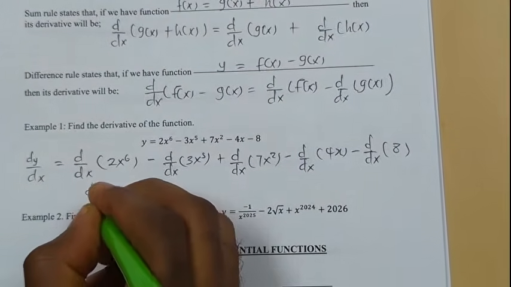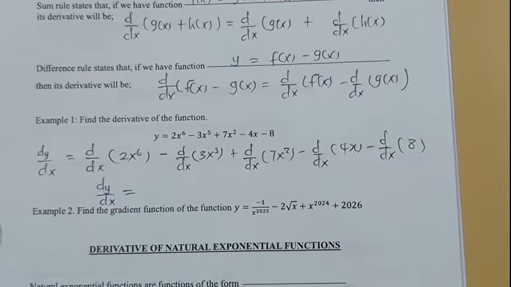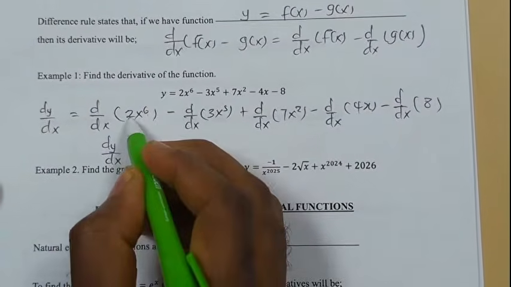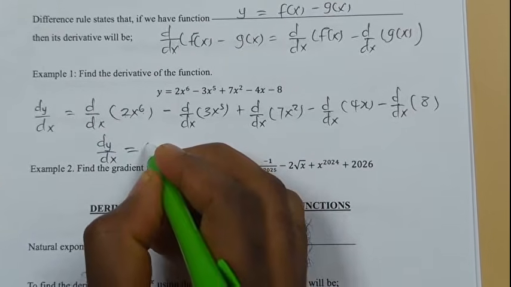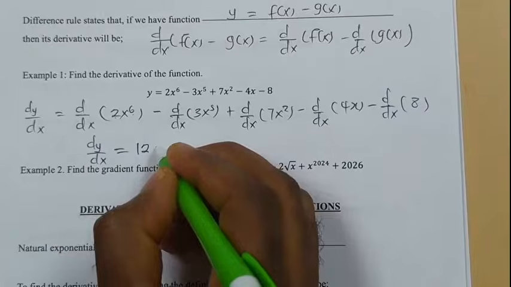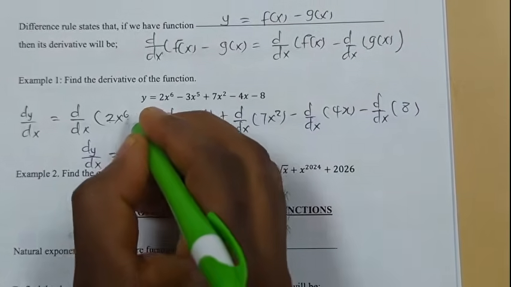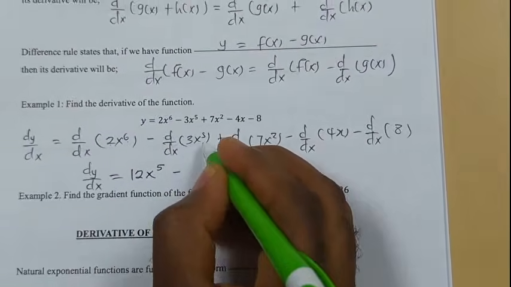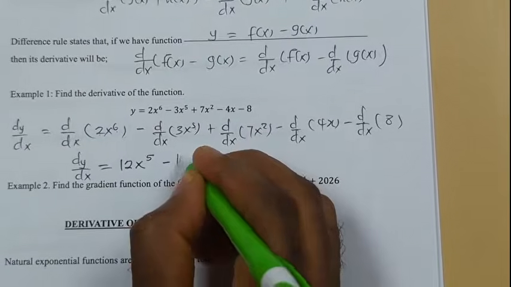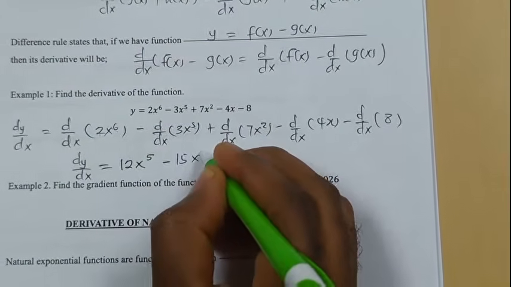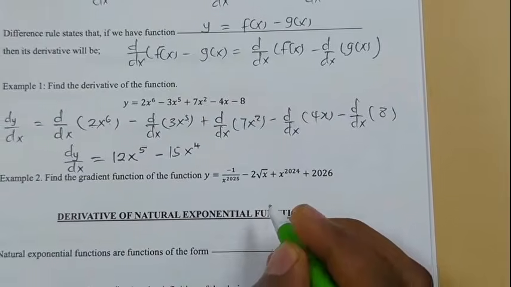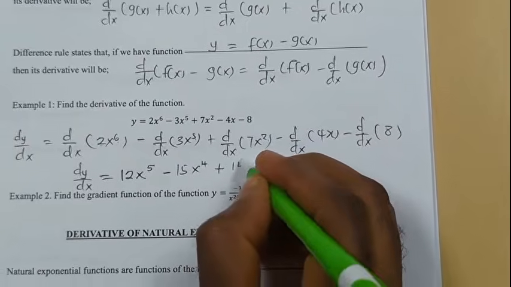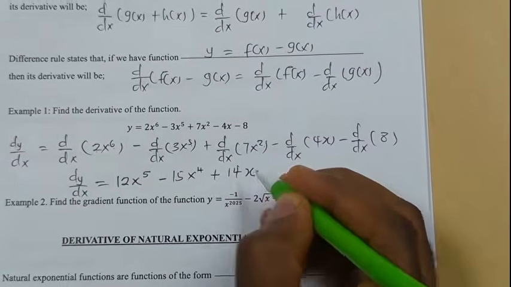So our dy over dx will be equal to, using the constant multiple rule with the power rule, this multiplied by that will give us 12. So we have 12x exponent 6, then we subtract 1 from the exponent, so we have 12x exponent 5, minus the same thing here, this multiplied by that will give us 15, we subtract 1 from the exponent, we get 4, so that will be 15x exponent 4, plus the same thing for this, multiplied by that will give us 14x, when we subtract 1 from 2 is 1.